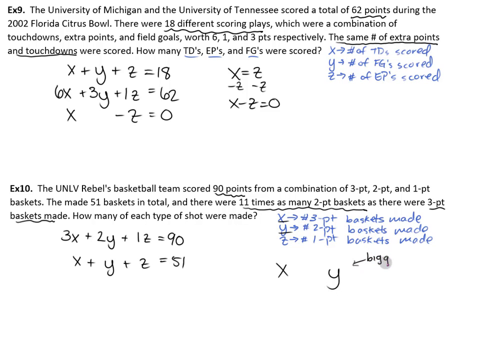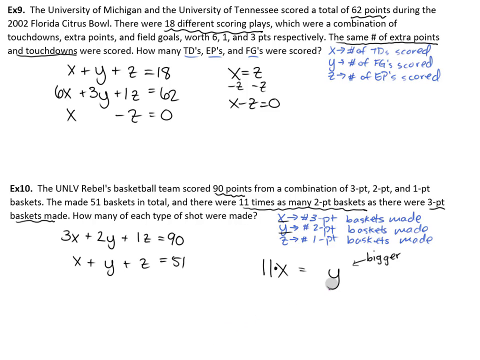So when we go to set up the inequality here, or equation, in order for these to be equal, I would need to take the smaller value, which in this case is x, and multiply it by 11. That way, the number of 2-point baskets is 11 times as many 3-point baskets.